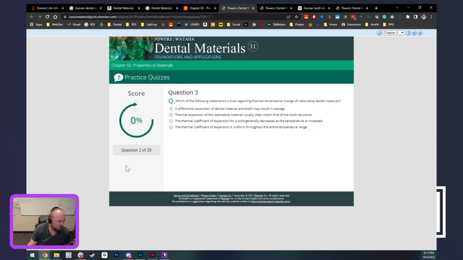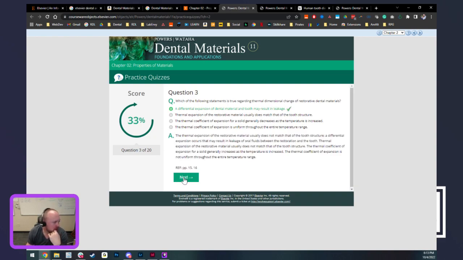The thermal coefficient of expansion for a solid generally decreases as the temperature is increased. I'm just going to go with the simple one here.